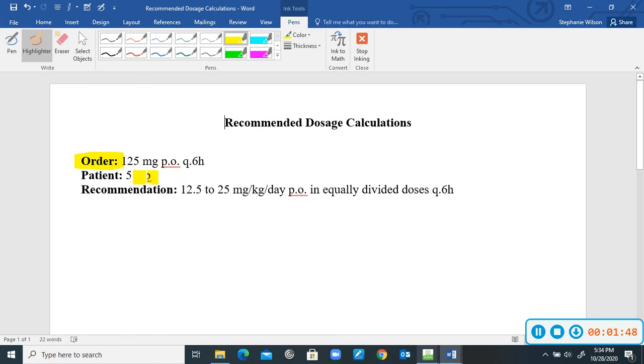And it says we have a patient that weighs 55 pounds. And the recommendation says that we have a minimum of 12.5 to 25 milligrams per kilogram. It says by mouth in equally divided doses every 6 hours.